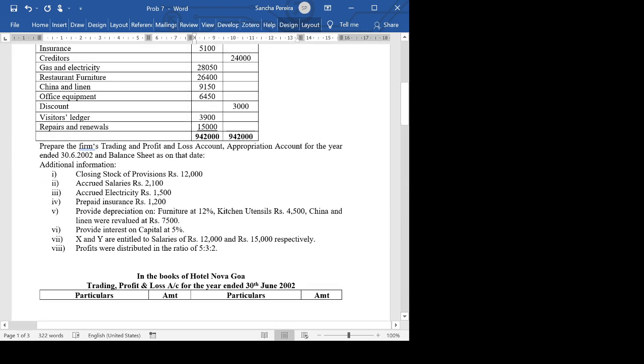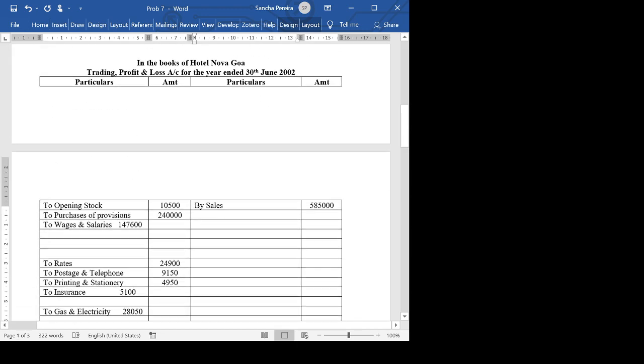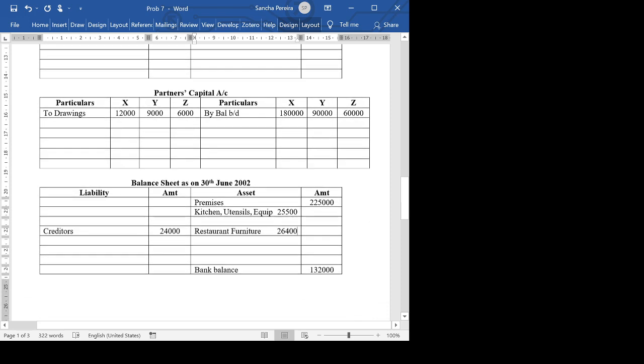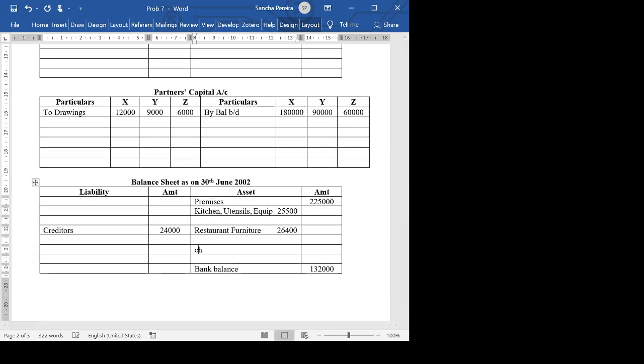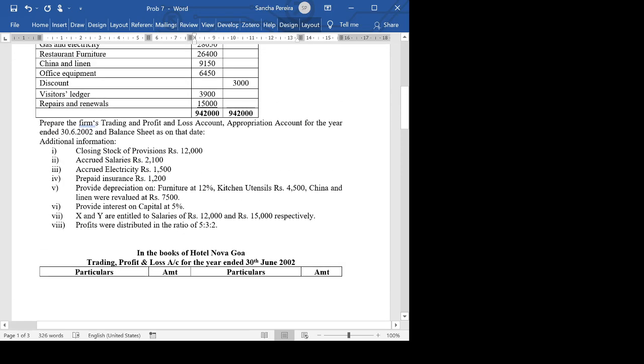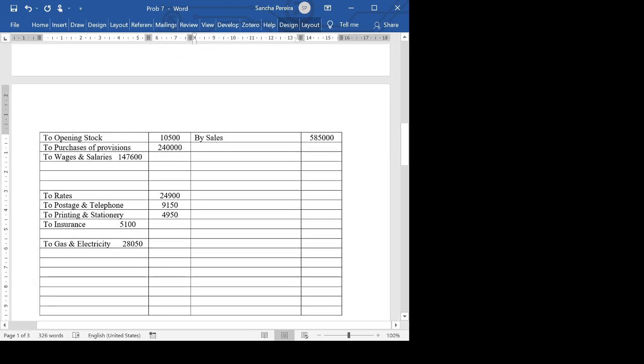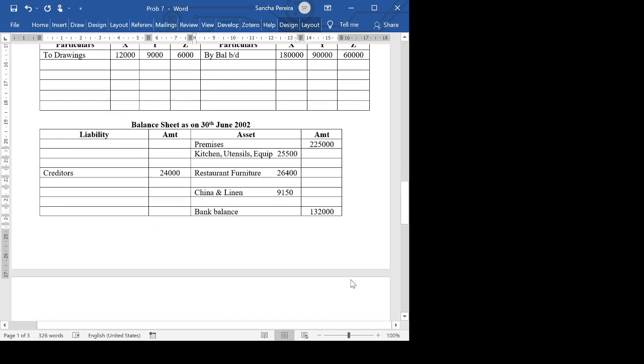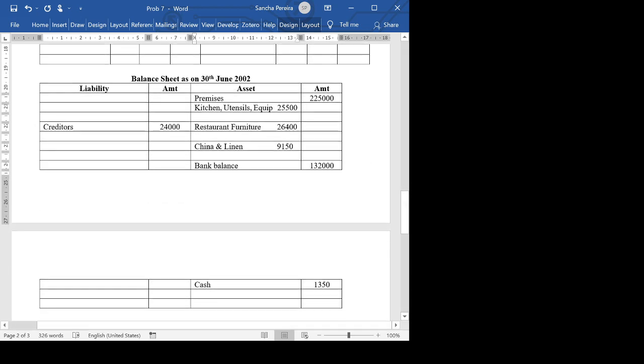Then we have china and linen, 9,150. Office equipment, 6,450. I didn't leave space for that, so I'll write it below.